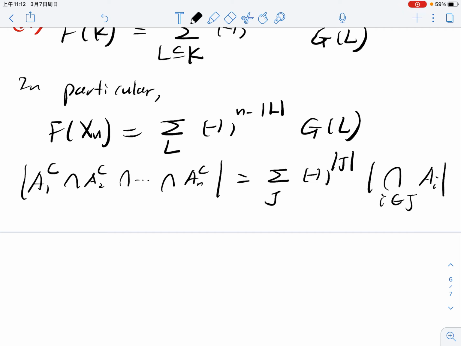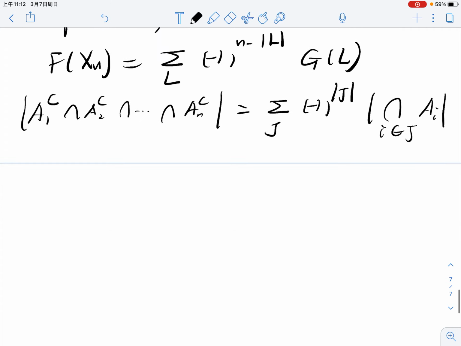And if you just split the whole summation on the right-hand side into small sums depending on the coordinate j, then you will have this one.